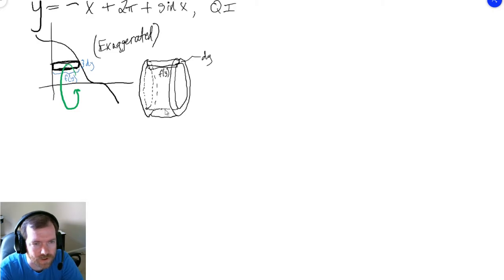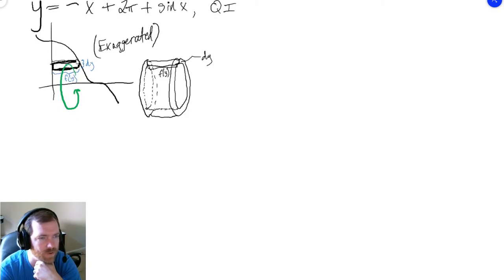It has a thickness of dy as we go all the way through, and has a height. This particular cylinder has a height that is going to be the function value. So then what we do is we stack and layer all of these things on top of each other for every single slice that we make.